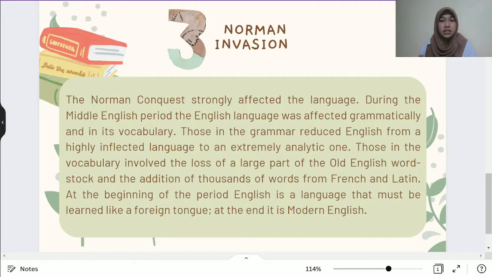All of these changes would eventually lead to the language taking on the name of Middle English. The idea of accepting new words from different languages would remain with the English language throughout the time until Middle English, and until the English that we use today.